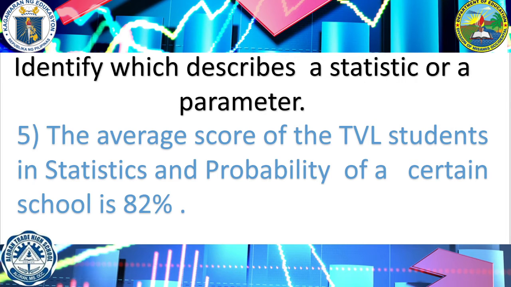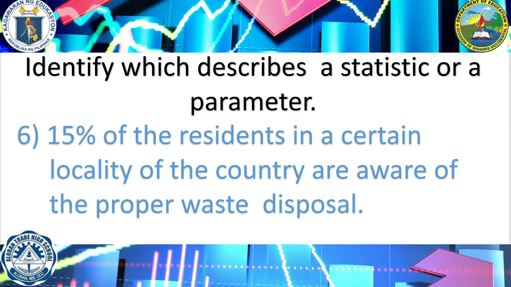Next, the average score of the TVL students in statistics and probability of a certain school is 82%. We're talking about a certain school, and we talk about the TVL students in statistics and probability. So is this parameter or statistic? Correct. This is a parameter. Next, number 6. 15% of the residents in a certain locality of the country are aware of the proper waste disposal.